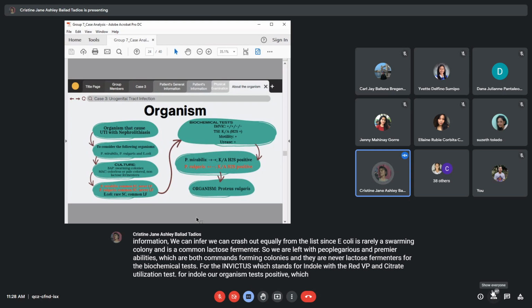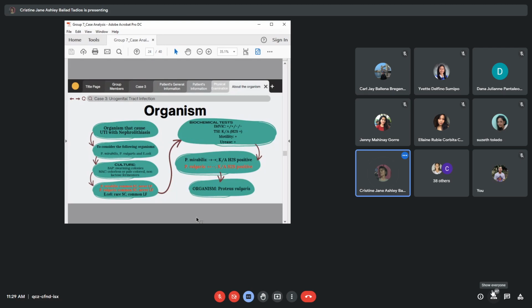The methyl red test checks if the organism can produce acid end products from fermentation.